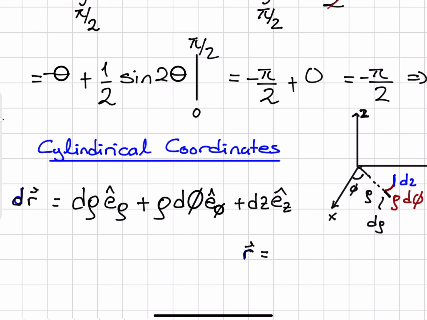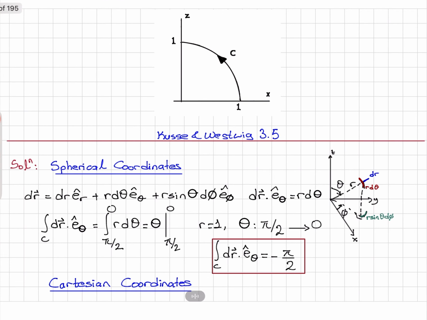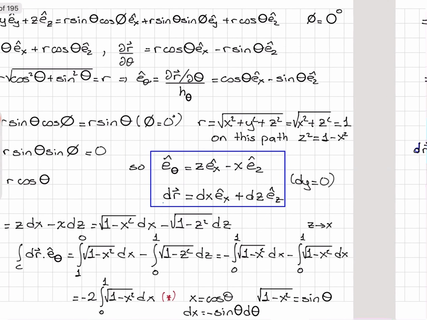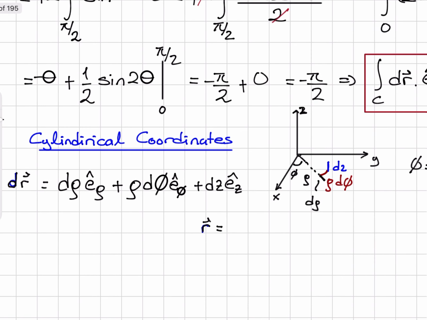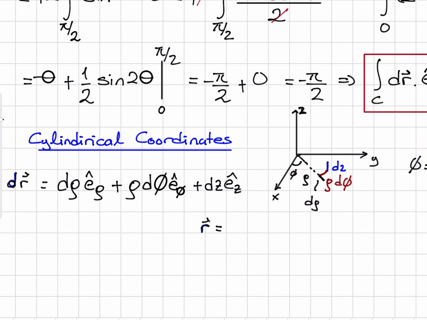So this is generally true, but here I have phi equal to 0 on this path because I'm on the xz plane. So I have d phi equal to 0 as well. Therefore, in this particular case, my displacement vector dr becomes d rho in e rho hat direction plus dz in ez hat direction.